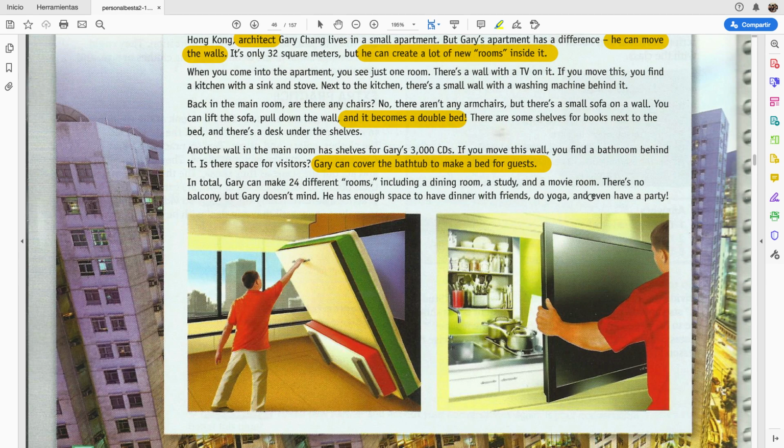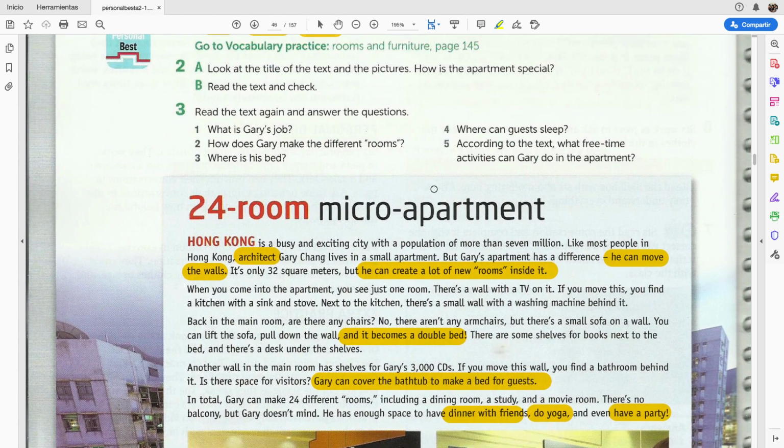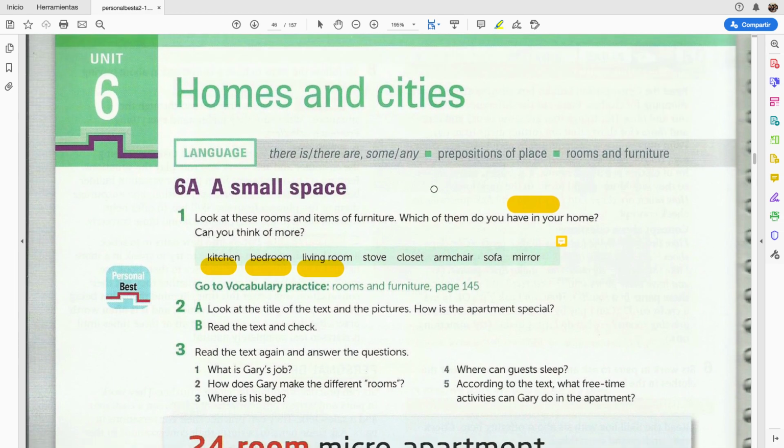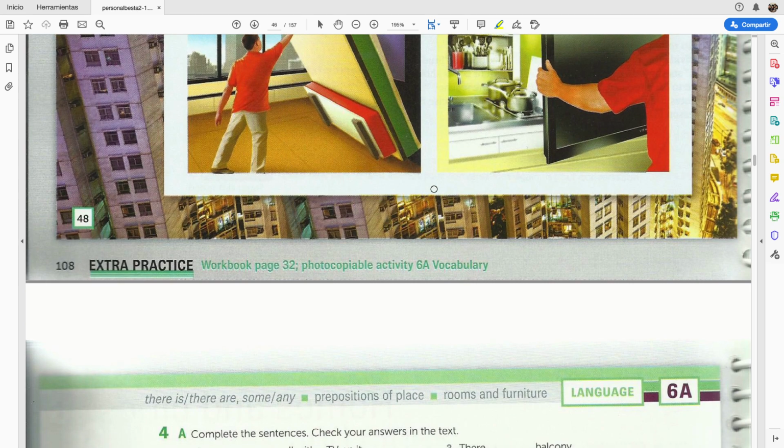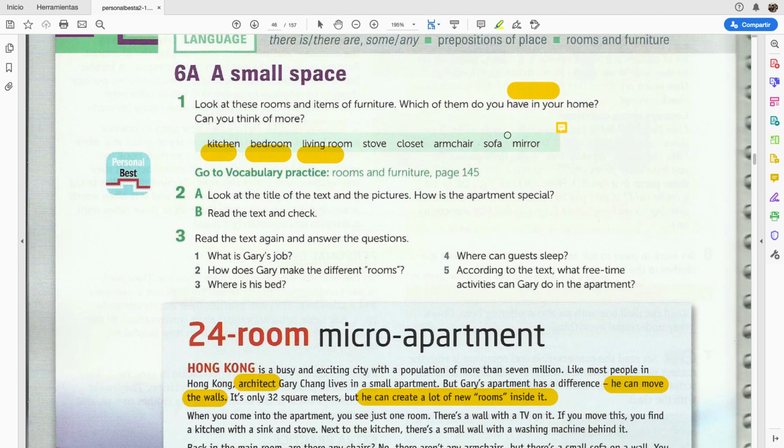Here says that he has enough space to have dinner with friends, do yoga, and even have a party. It's also possible for him to have a party in that small apartment. Wow, that's amazing. Okay, interesting.